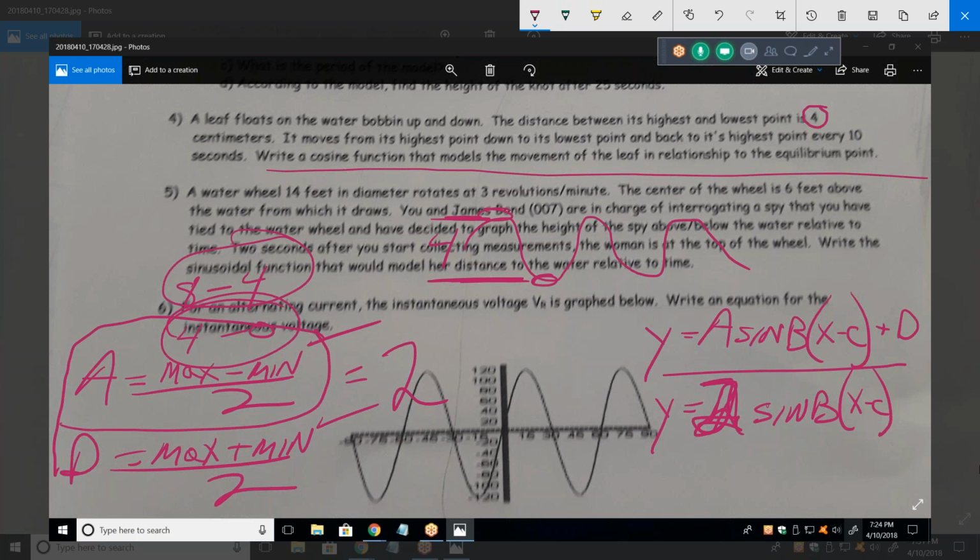The line of symmetry, we can't actually tell what that is, but if we were to place it like that, then it would go up to 2 and down to minus 2. That would be the 4. So I'm going to say that D is 2.